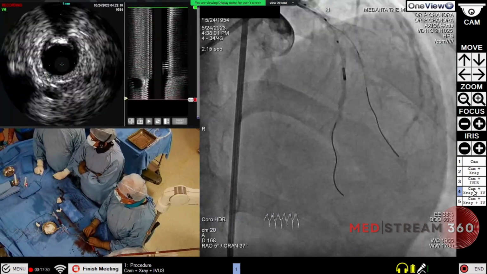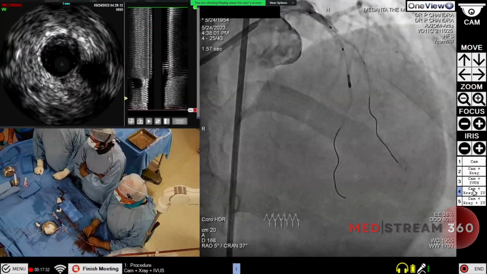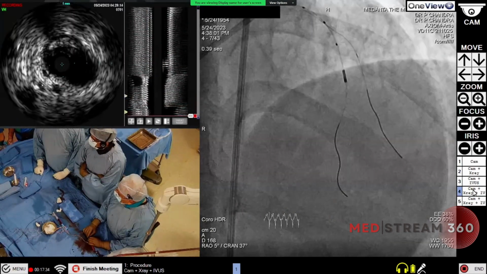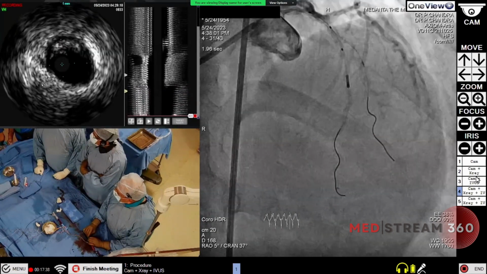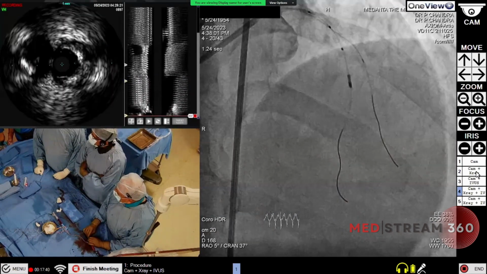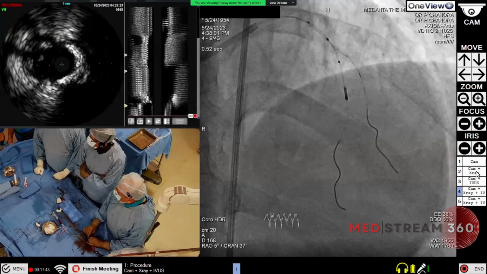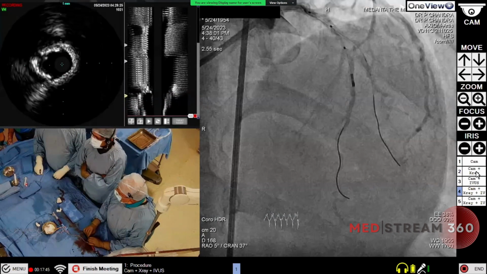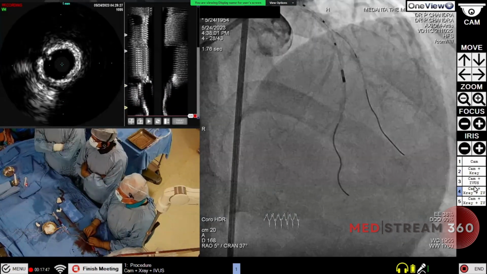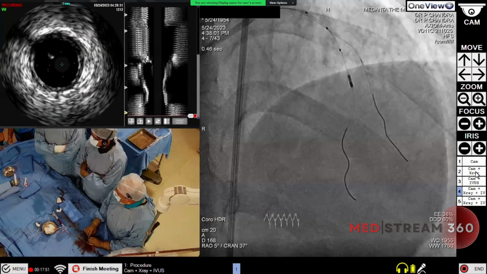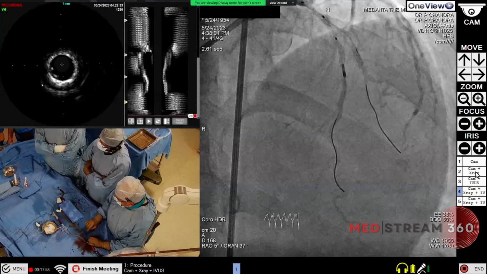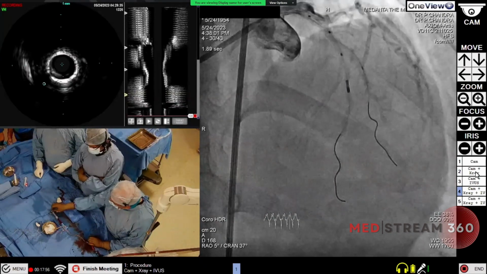Now there is some calcific plaque at the 12 o'clock position, and this is the septal branch, quite big. Here we see a calcified lesion, and here it is 360-degree calcium, quite dense calcification just as a ring, and then the LAD is looking quite nice, 4 mm. So this is very interesting.